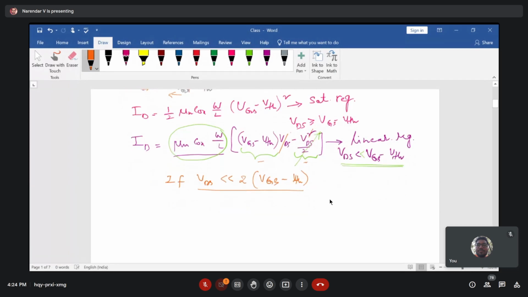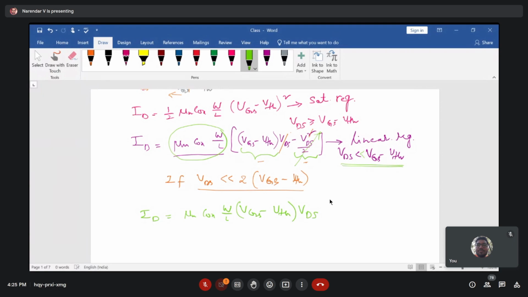If that is the case, then the current expression can be modified, and you will get the current equivalent to mu n COX W by L into VGS minus VTH into VDS. That means you discarded the second term, and only the first term remains.